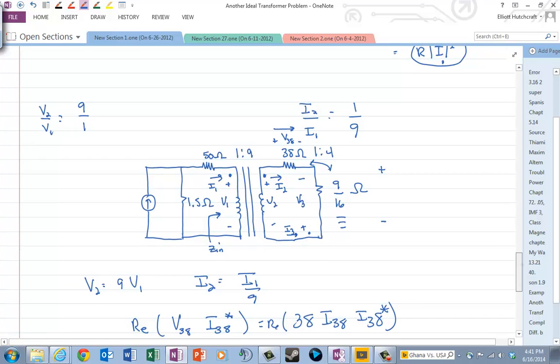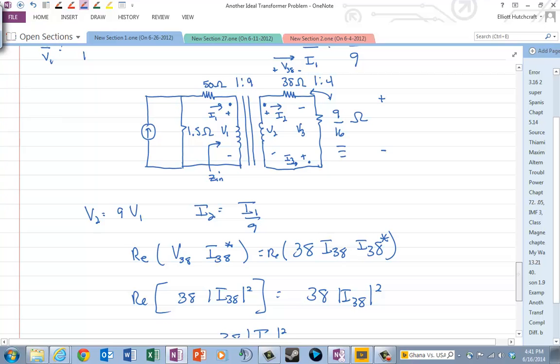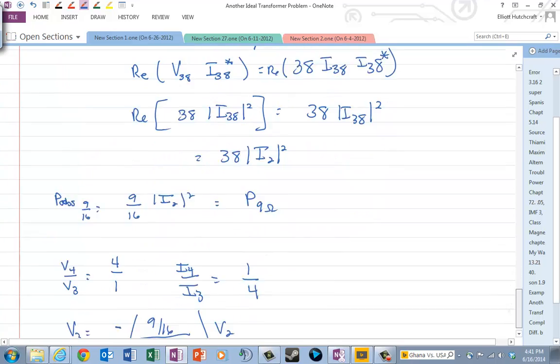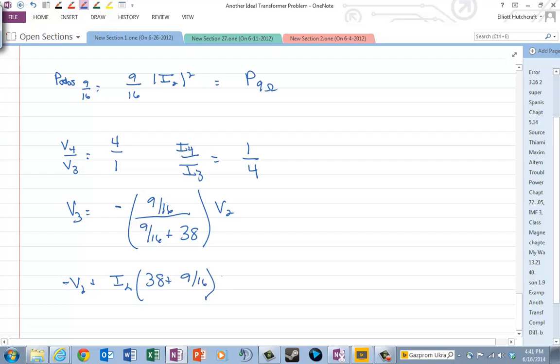once we have that, we could also write an equation that says minus V2 plus I2 times 38 plus 9/16 equals 0.